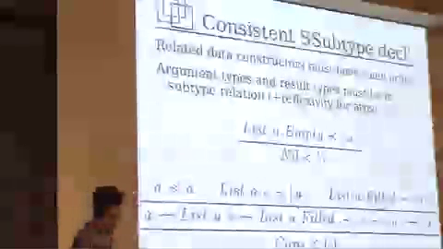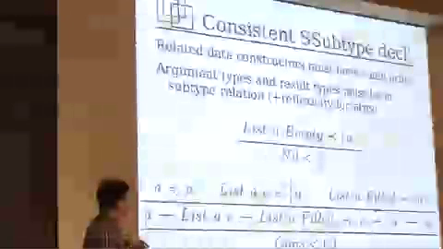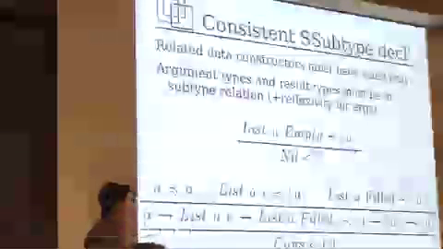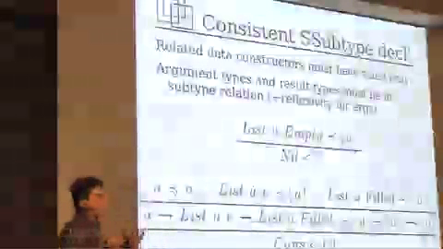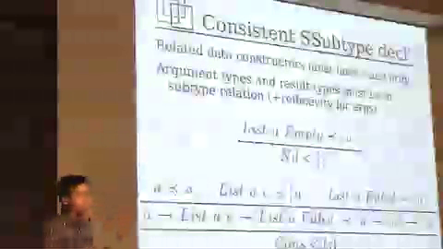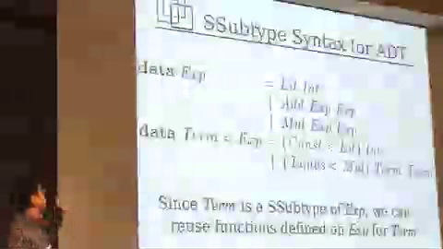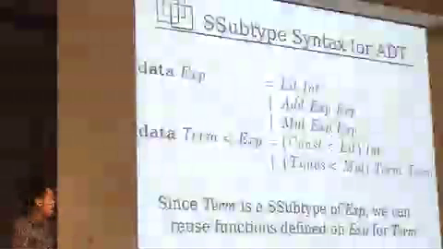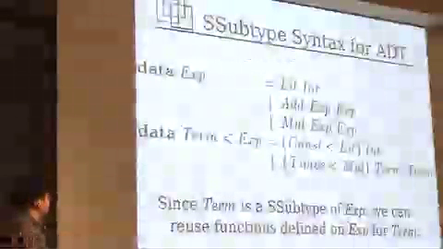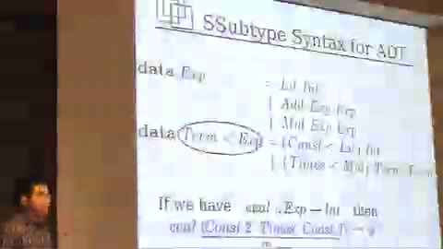So nil is very obvious, and if we see cons, the type of the cons is in this curly less-than subtype relation, which means we decompose it until we really see that each of them is a subtype. And for arguments, it can be the same. We also thought about how to write this for just ADTs, and since term is a subtype of expression, we can just reuse the eval function if we have defined it already.